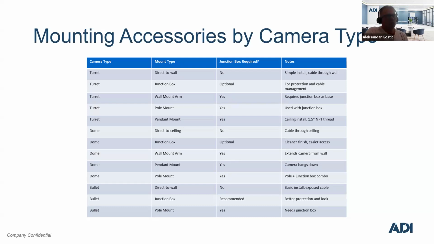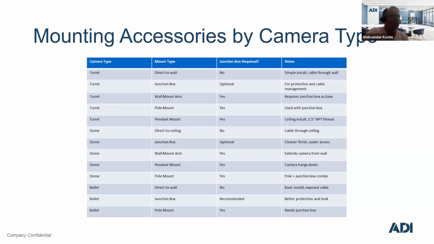Generally, the main question is, do we need a junction box where we will put all those cables or not? So if we have installations which are direct to wall and we can put all the cabling inside the wall, in that case we wouldn't need a junction box, for example.